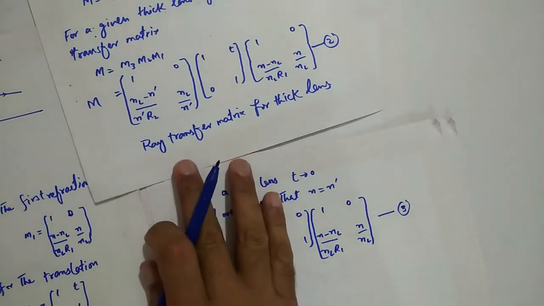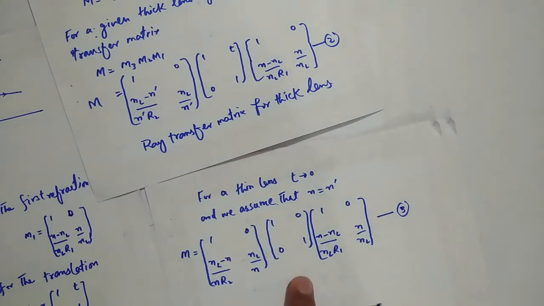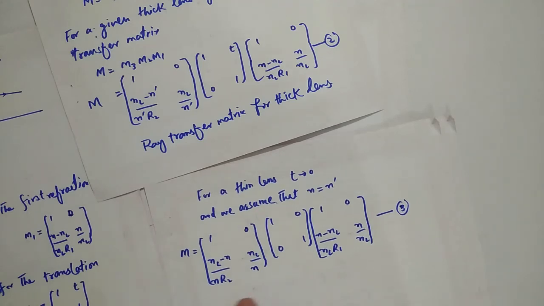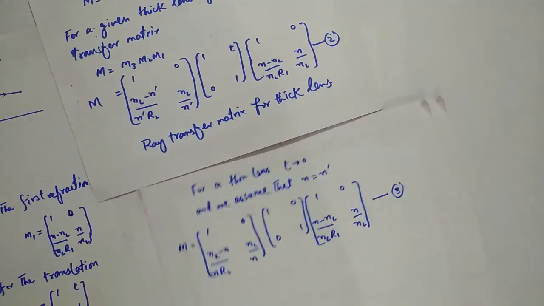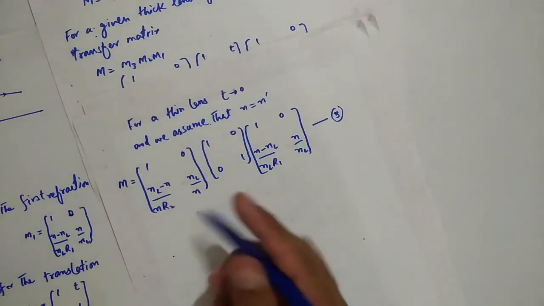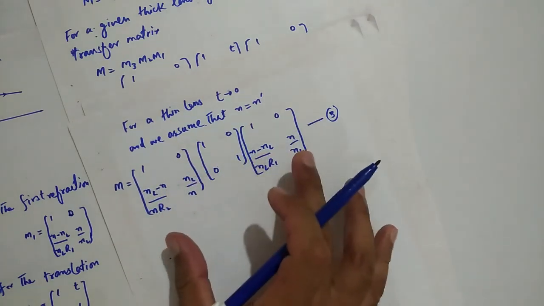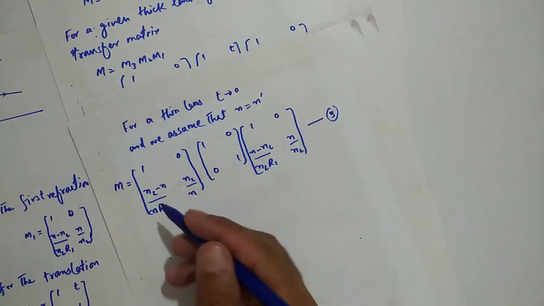So this is the ray transfer matrix for a thick lens, and this is for a thin lens. Clear? So we should memorize these results. Now if I multiply these matrices in descending order, I am not going to multiply each term. I will only write the result which I will obtain by multiplying these matrices.